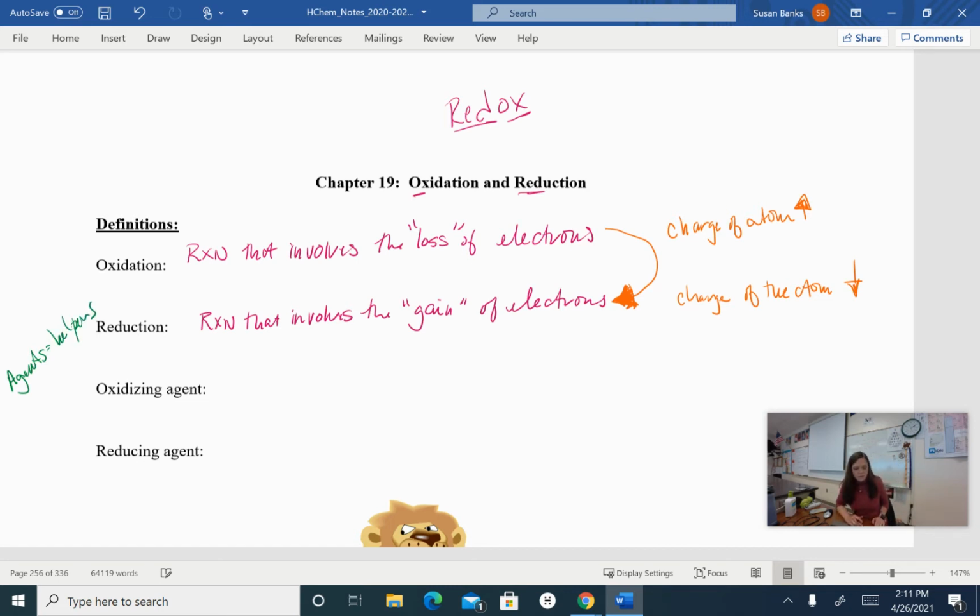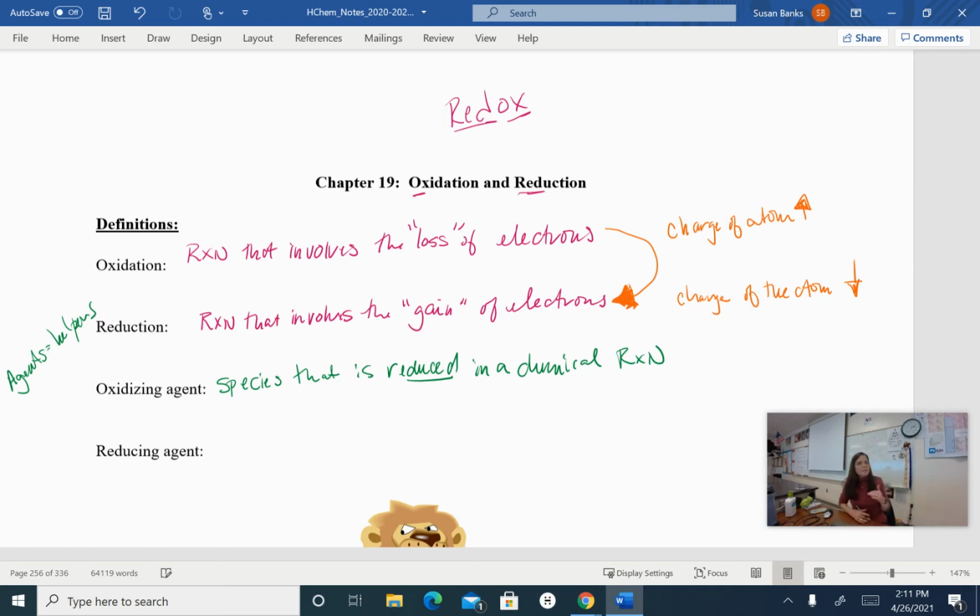They are helpers, okay? So the oxidizing agent is the compound or the element that actually helps something become oxidized. So the species that is reduced in a chemical reaction.